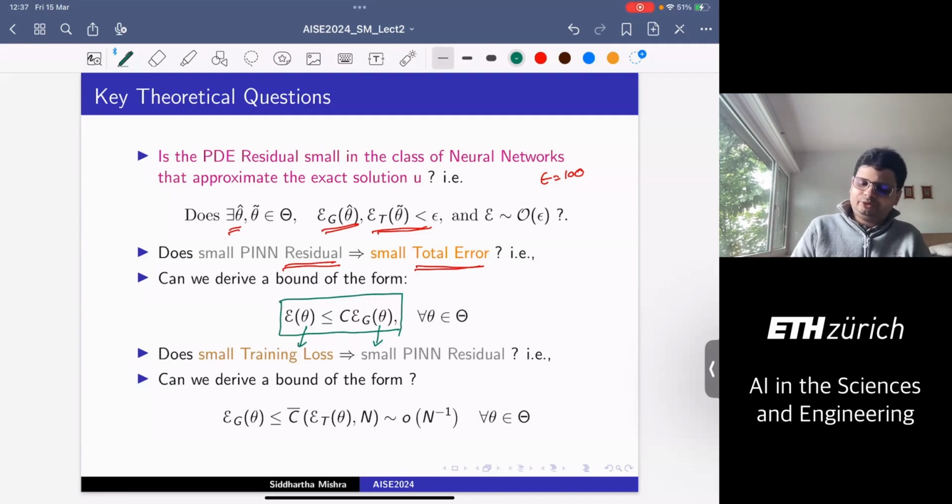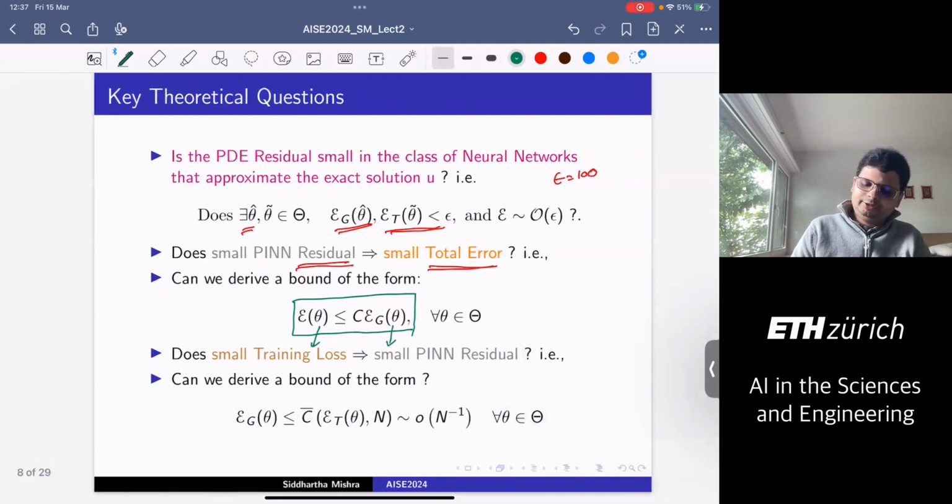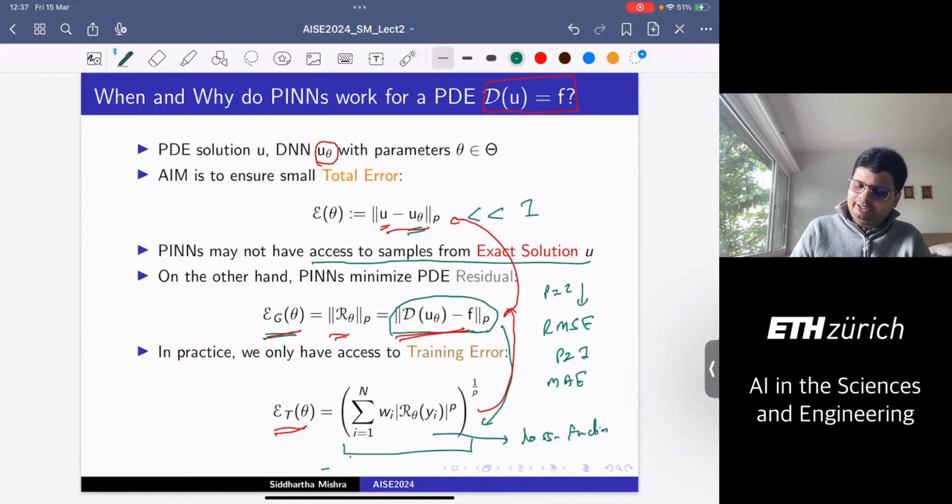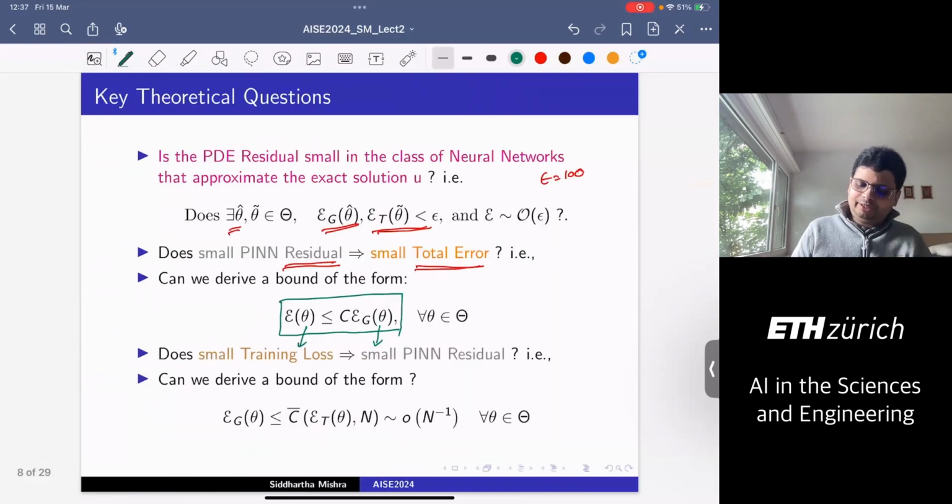But we never have access to this quantity, because remember that this quantity here is an integral, right? So we don't have access to this quantity. We always have access to it through its discretization, through this training error. So then we have to go one step further and say that if you have a small enough training loss, because that's the only thing that we can read out during our algorithm, does it automatically imply that the residual is small?